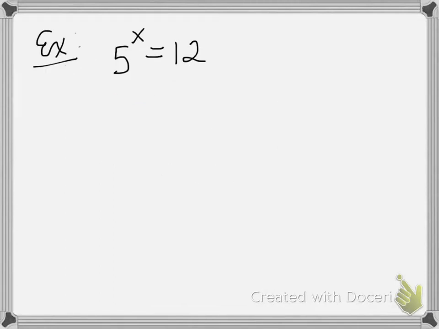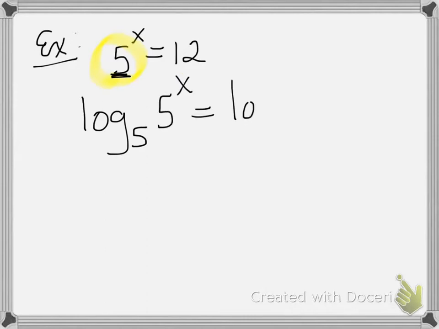However, if I have 5 to the x equals 12, this is not e, and this is not ln. So we have to use a logarithm, because logarithms are the inverses of exponentials. Since this is base 5, we're going to do log base 5 of 5 to the x equals log base 5 of 12.